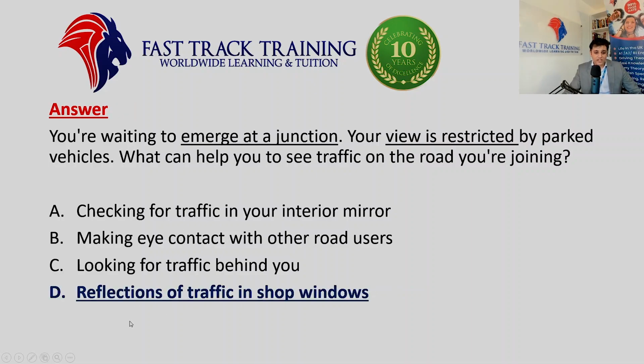So this is reflections of traffic in shop windows. When you are seeing the reflection of other cars in the shop windows, that helps you to see what's going on.